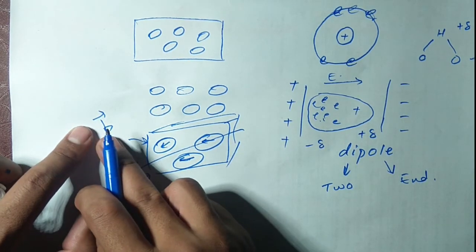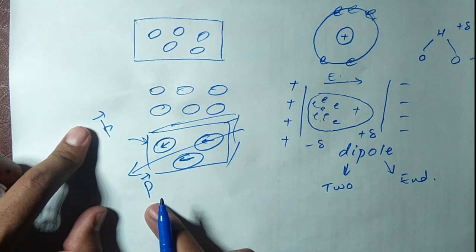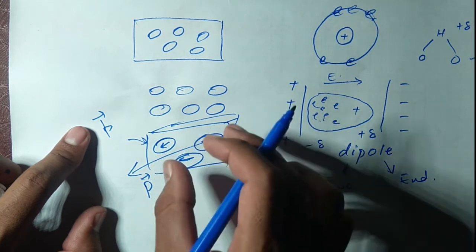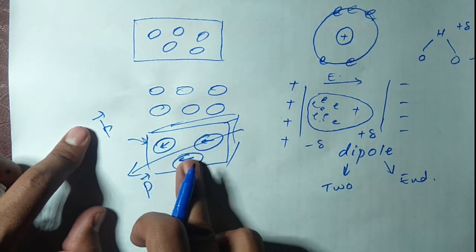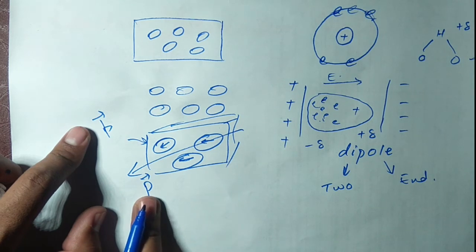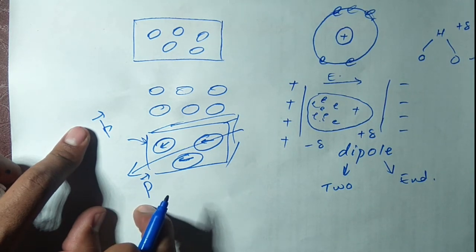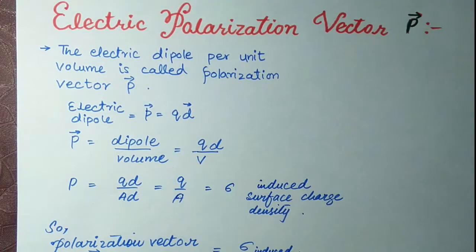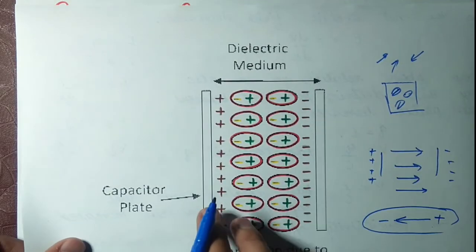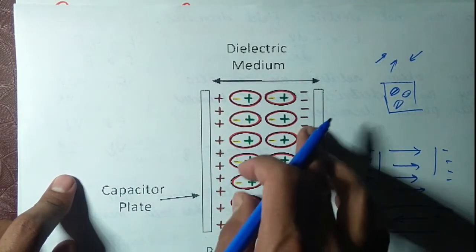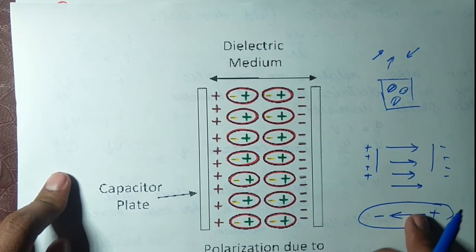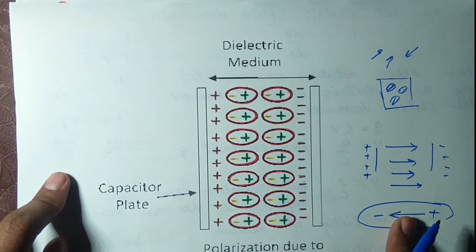Small p is for the dipole moment and capital P is for the polarization vector. So capital P is all of these dipoles per unit volume. The dipole per unit volume is equal to P, capital P. In this figure, you can see that the direction of the polarization vector will be in the direction of the induced electric field.